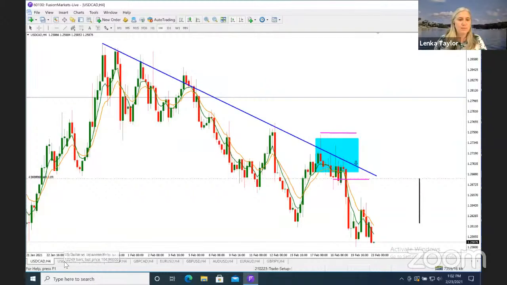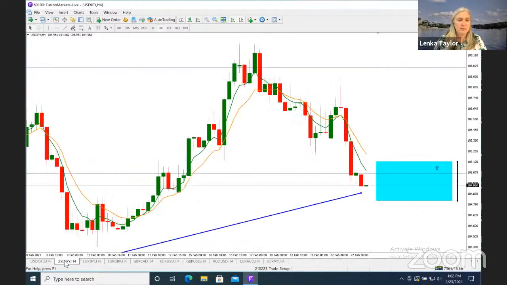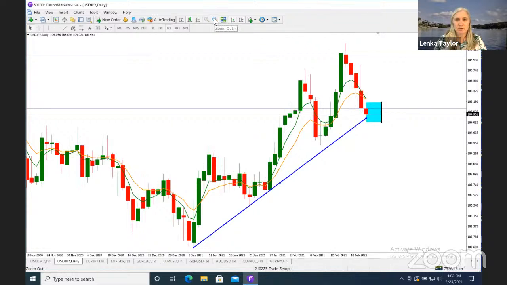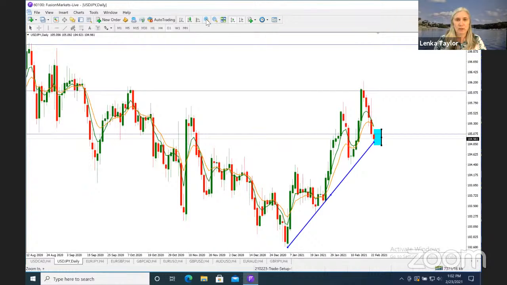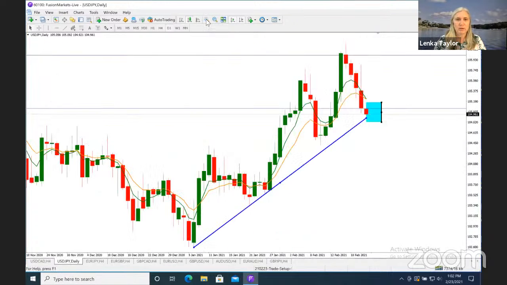All right, USD Jpy is my next trade. Next chart that I'm going to have a look at. On this one, in terms of the direction, I'm looking for a long overall.